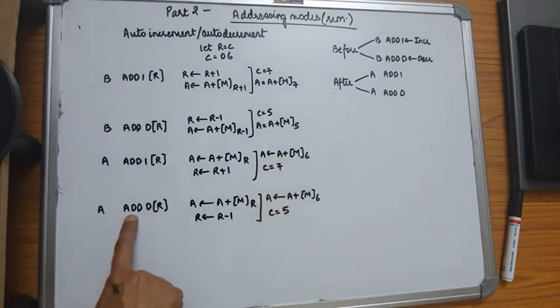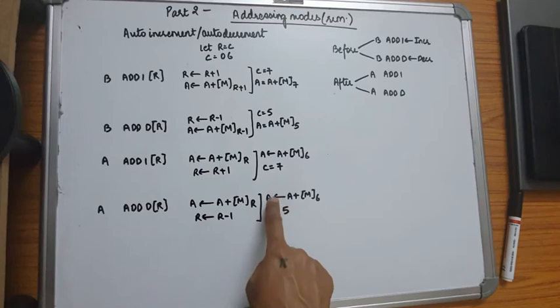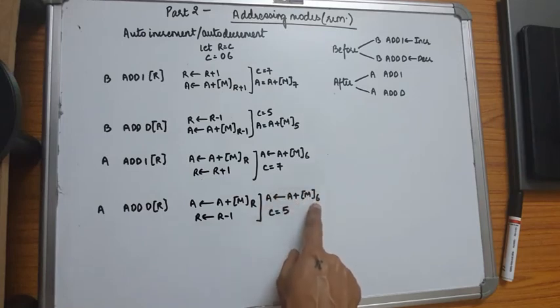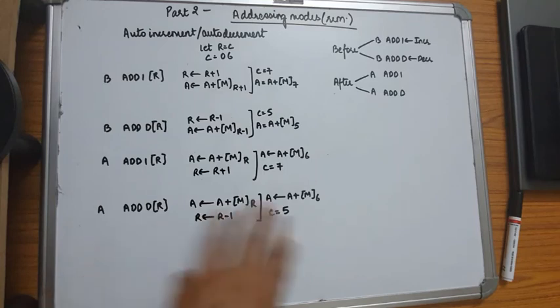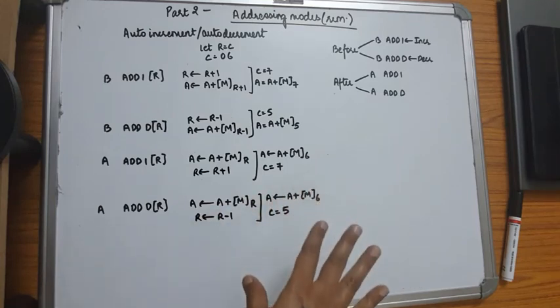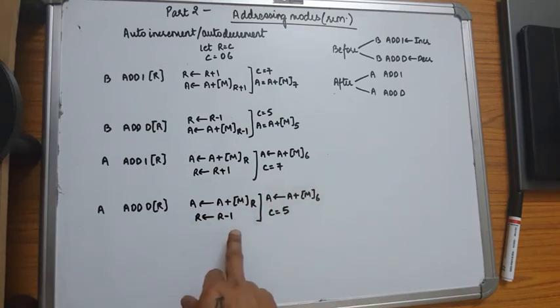After add decrement: first execute the instruction, then decrement the contents of register R. So addition of contents of location number 6 with accumulator, storing the result in accumulator, and after the result has been stored, the register R, which is register C, will be decremented. So now C becomes 5.